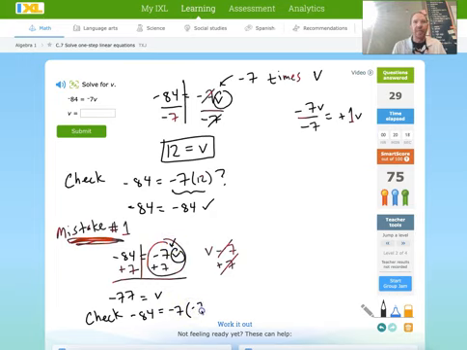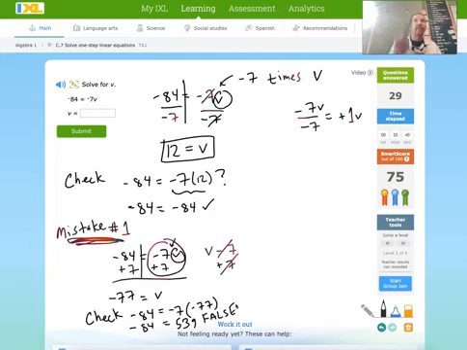But I put that negative 77, and then I go, oh, it's multiplying. And I take negative 7 and I multiply it by 77. I get positive 539. The equation says negative 84 equals positive 539. I go, whoa, no, not even close. That's false.